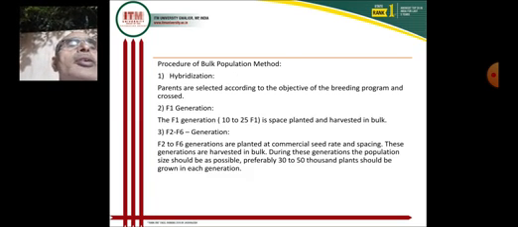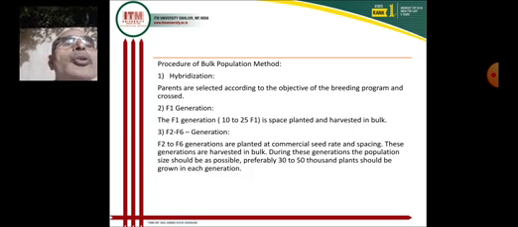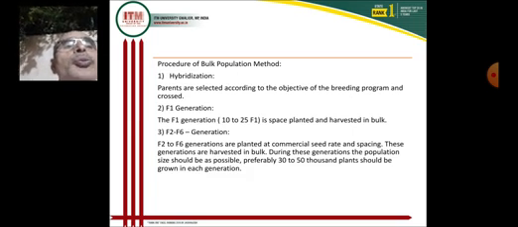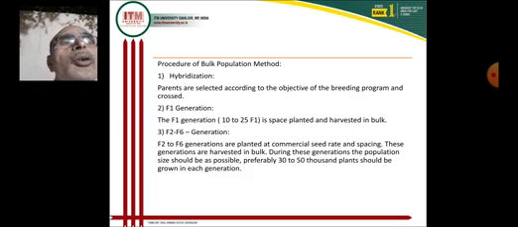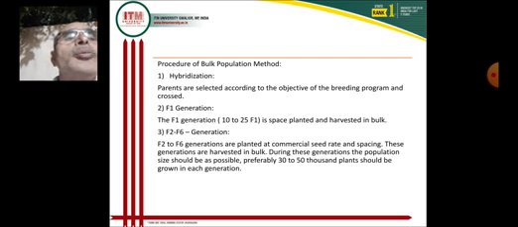Procedure of bulk population method. First of all, hybridization. Two parents are hybridized. Both the parents are agronomically adapted varieties.